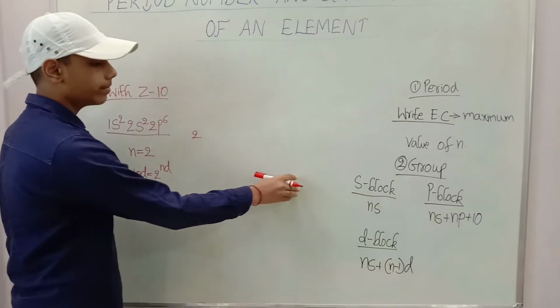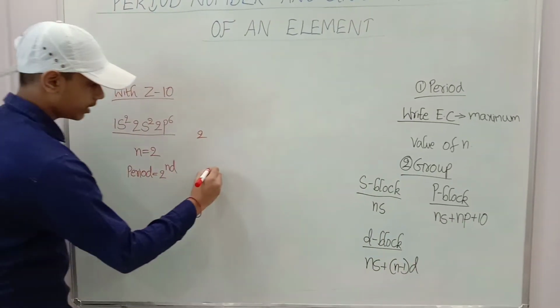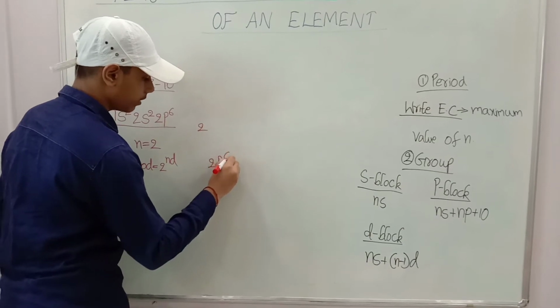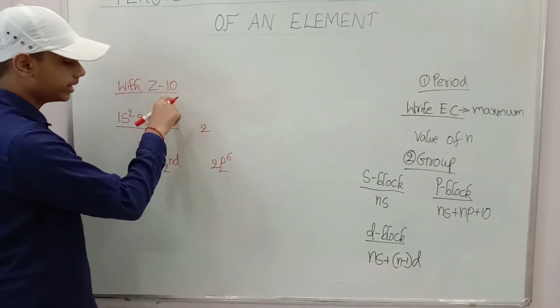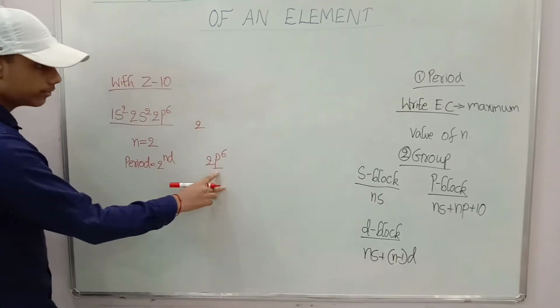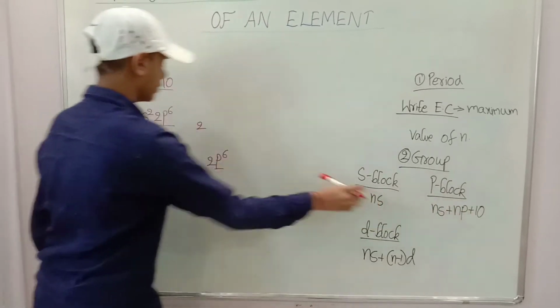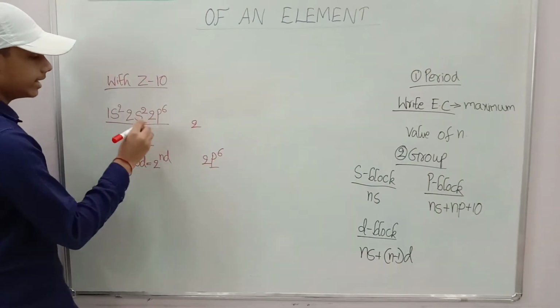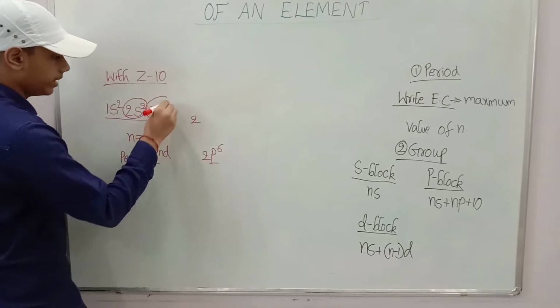Now let's find the group number. To find the group number, first we should find which block the element belongs to. In 2p6, we have a p subshell. So this element with atomic number 10 belongs to the p block. For p block, the formula is ns plus np plus 10. In this configuration, ns is 2s and np is 2p.